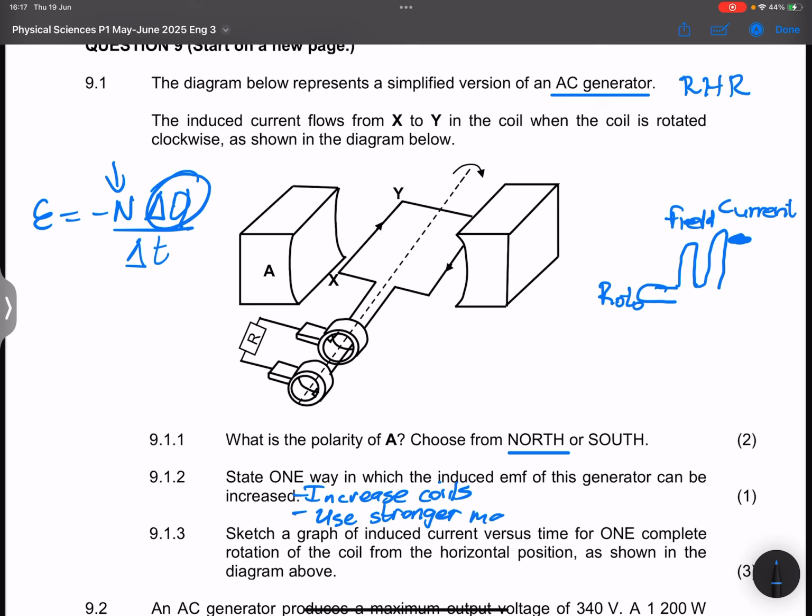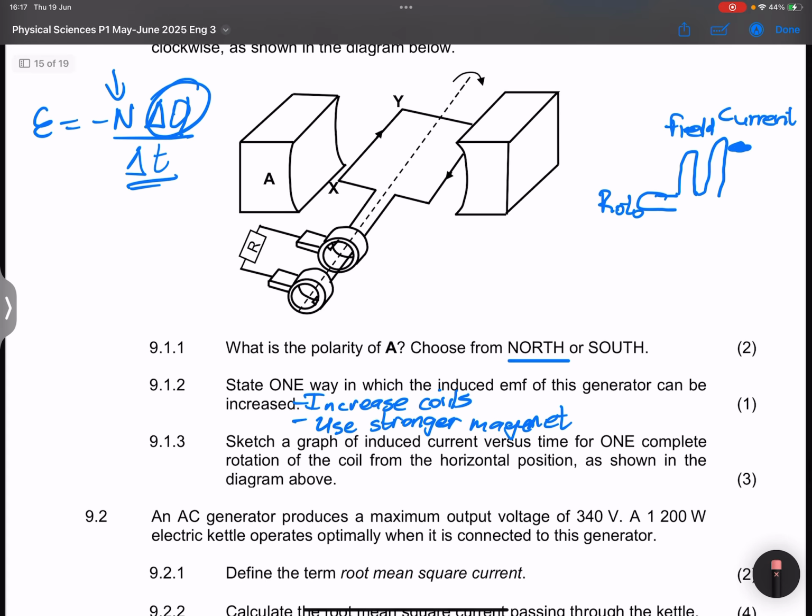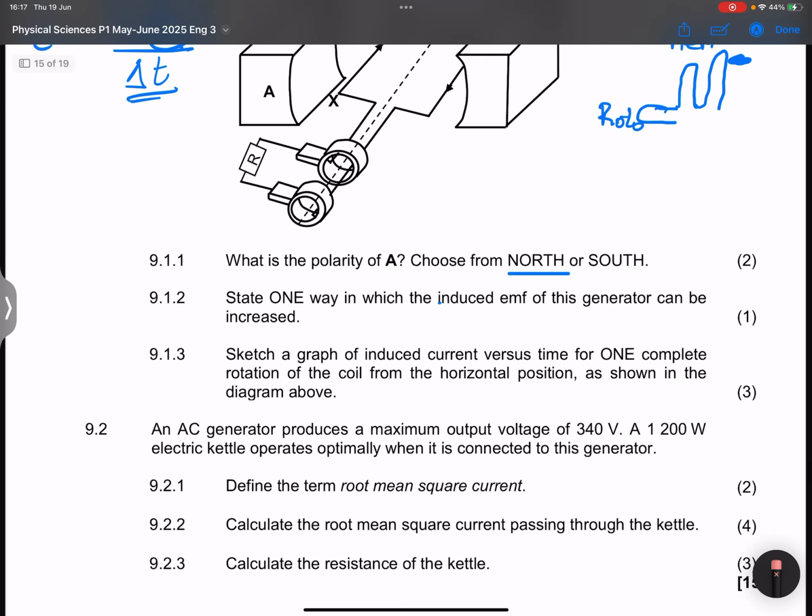And another option there is to increase the speed of rotation. That will decrease the amount of time it takes per rotation, and that will definitely increase the output of your generator. All right, so those are the three options that you have. You can state one of them.